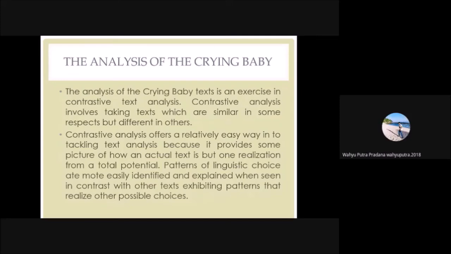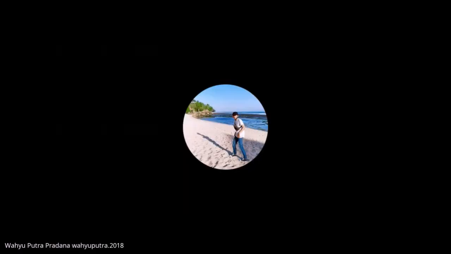Thank you, Sophia. Now the next is the analysis of the crying baby. The analysis of the crying baby text is an exercise in contrastive text analysis. The contrastive analysis involves taking texts which are similar in some respects but different in others.